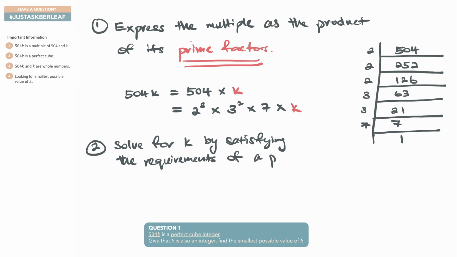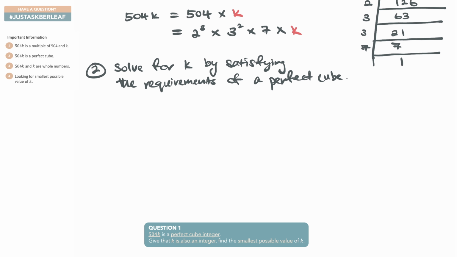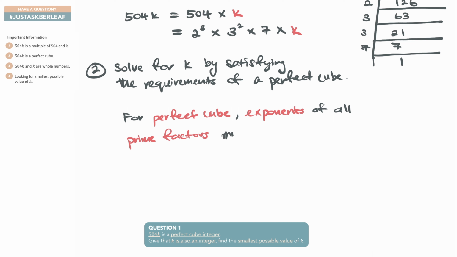of a perfect cube, which is a number that can be cube rooted without leaving any remainder. It has a very important characteristic: for any perfect cube, the exponents of all of its prime factors must be a multiple of 3.